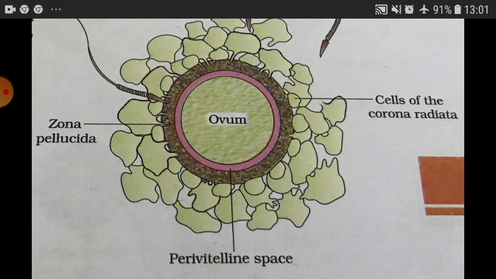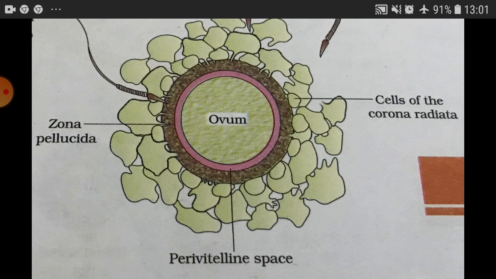It is almost free of yolk, so it is also known as alecithal. It has abundant cytoplasm, which is known as ooplasm. It has a large nucleus termed germinal vesicle and a prominent nucleolus at the center and is surrounded by plasma membrane, which is also known as oolemma.